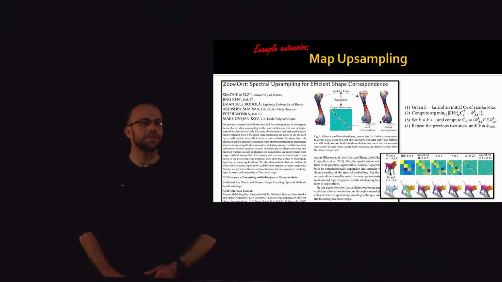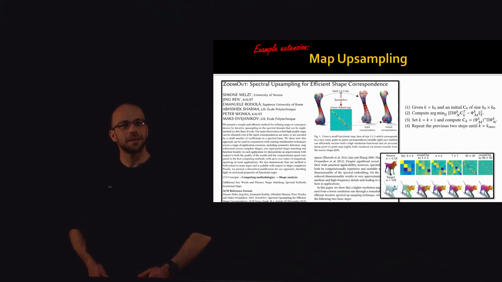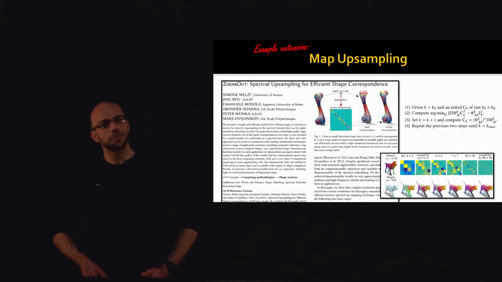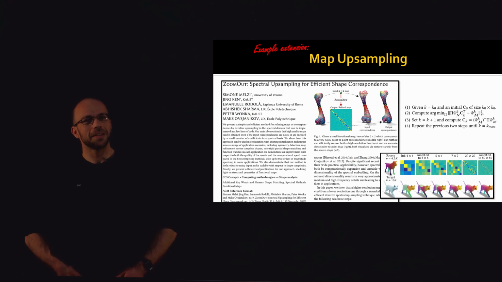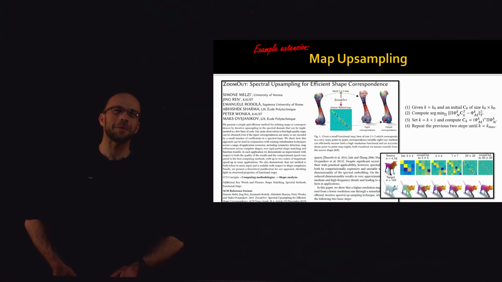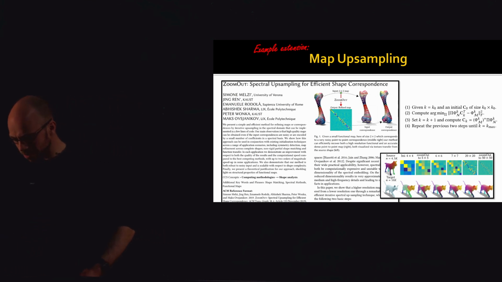And then the trick in this zoom out algorithm is to take that matrix that you've computed using a linear algebra technique and round it off to one that looks more like a point-to-point map, and then alternate. So you solve a linear algebra problem, you round it off to a point-to-point map as opposed to something a little fuzzier. Then you upsample and you repeat. It turns out this is an extremely efficient technique that creates dense mappings that are smooth, which is kind of amazing. This is a pretty recent paper, and I'll let you dig into it to read more.